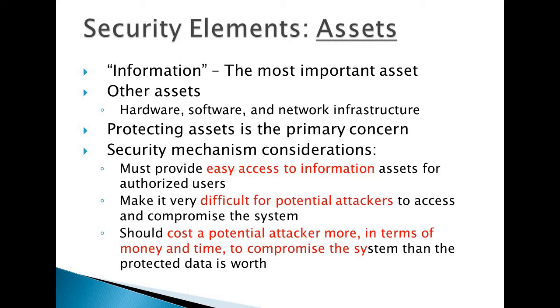Some security mechanisms are involved, like easy provision to access information assets only for the authorized users, making it very difficult for potential attackers to access and compromise a system. Also, it should cost more for an attacker to compromise a system in terms of money and time.